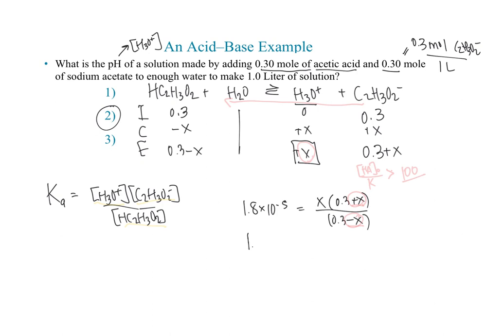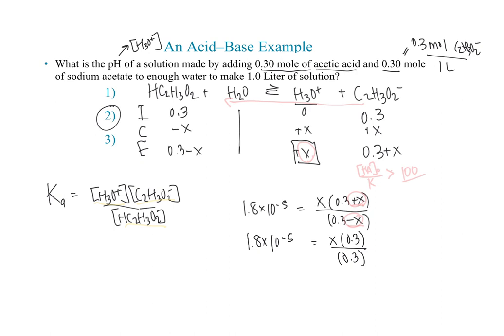So what I get to do here is do 1.8 times 10 to the negative 5 equals X times 0.3, get rid of the plus X, and on the denominator, 0.3, get rid of the minus X, and I can now solve for X this way.